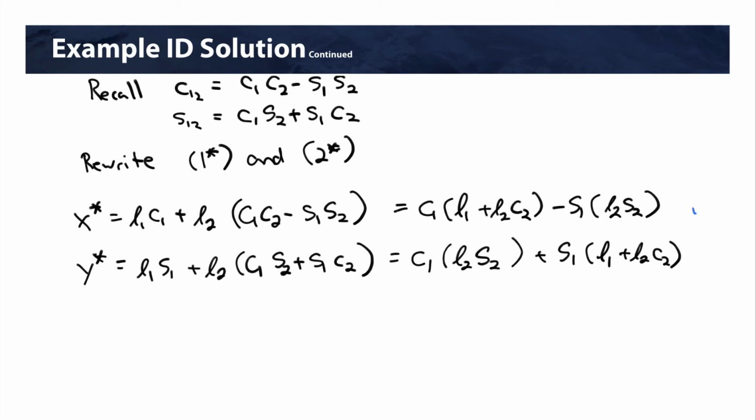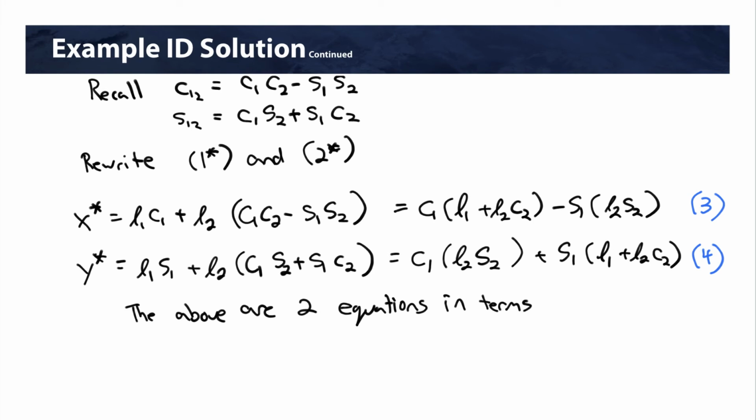We'll call these equations 3 and 4. If you look, the above are two equations in terms of two unknowns, C1 and S1.